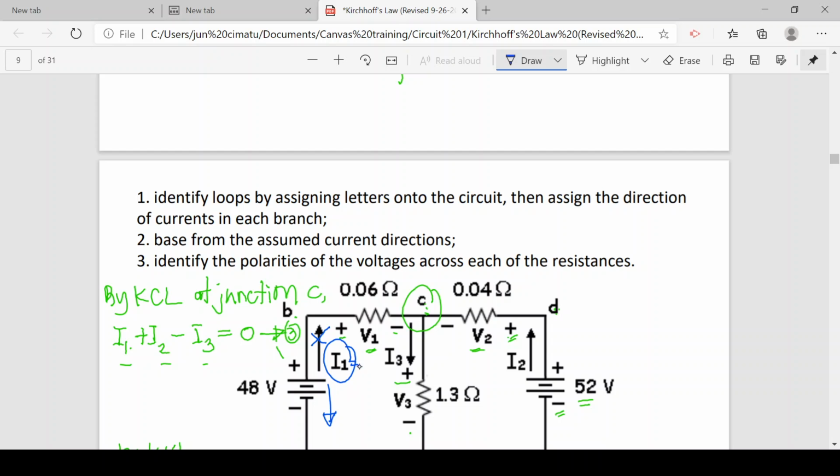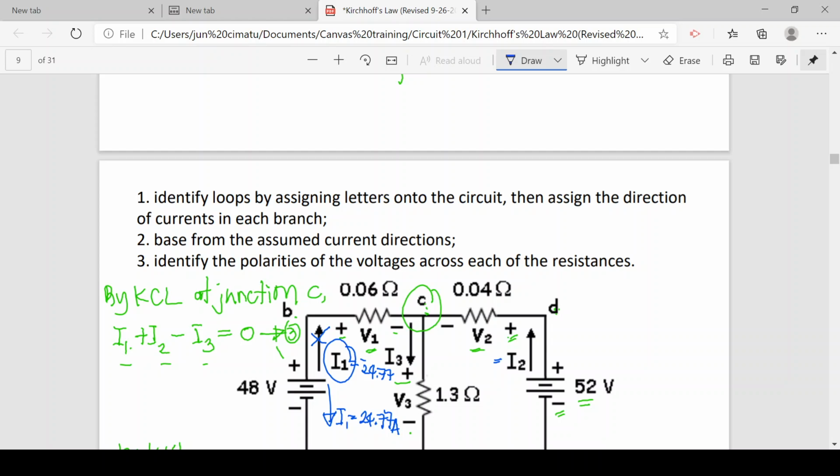If we use the assumed direction, it is negative 24.77. But if we correct the direction, the current flowing downward is positive 24.77 amperes.